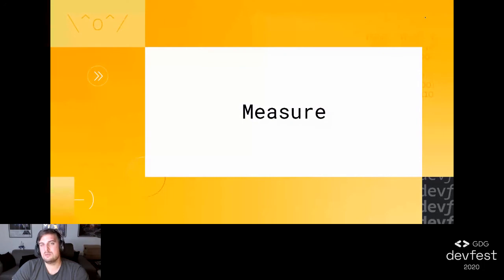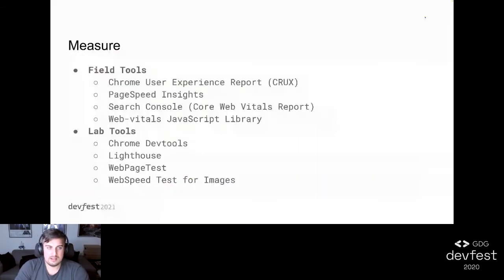So the question is, how do you measure if a particular site is slow or fast? There are quite a number of tools that you can use, and generally speaking, we can categorize them into two distinctive groups. There are field tools, and then there are lab tools as well.